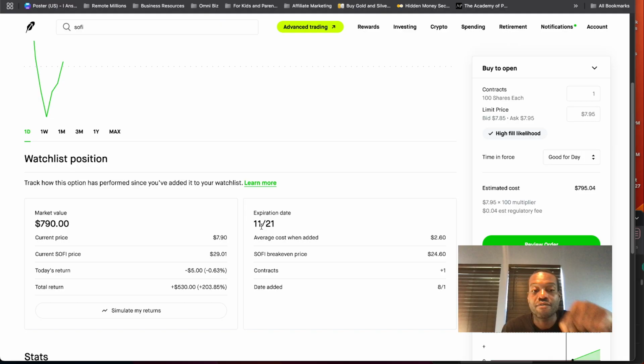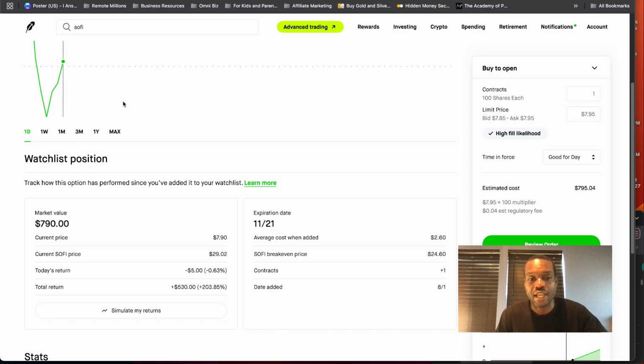This is so cool. It's at 29.02, so it's not even at the price that I took out my last thing yet. So if I would have taken it out even at the time that I took my last trade out, this would have been higher. But obviously I would have let this sit even longer. September, November, yeah. Because of how SoFi is running right now, there's times where maybe we want to take it out at this time.